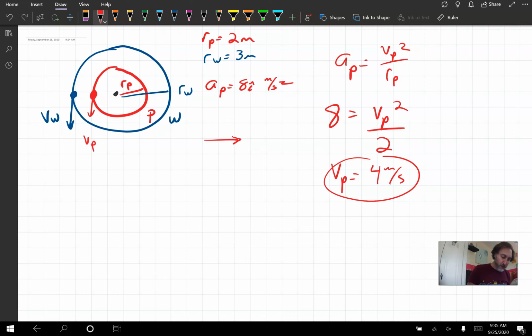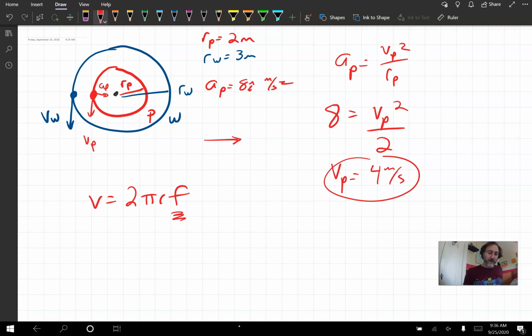We know the acceleration of the purse points inwards. Now, what is the velocity of the wallet? Going back a little bit, remember, velocity is 2 pi r f. Since both the purse and the wallet are on the same radial line, they're both going to have the same frequency. So your velocity is proportional to your radius.